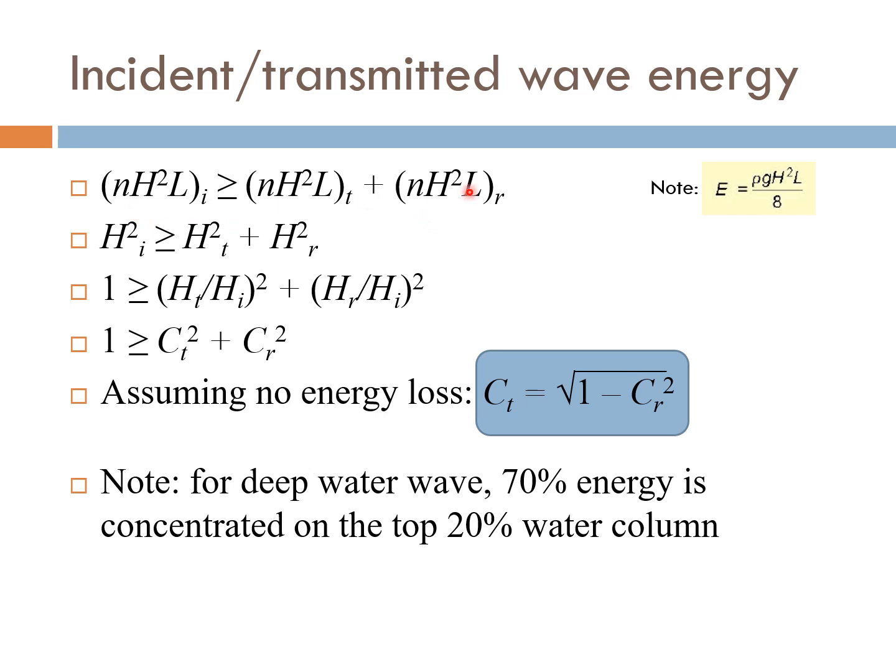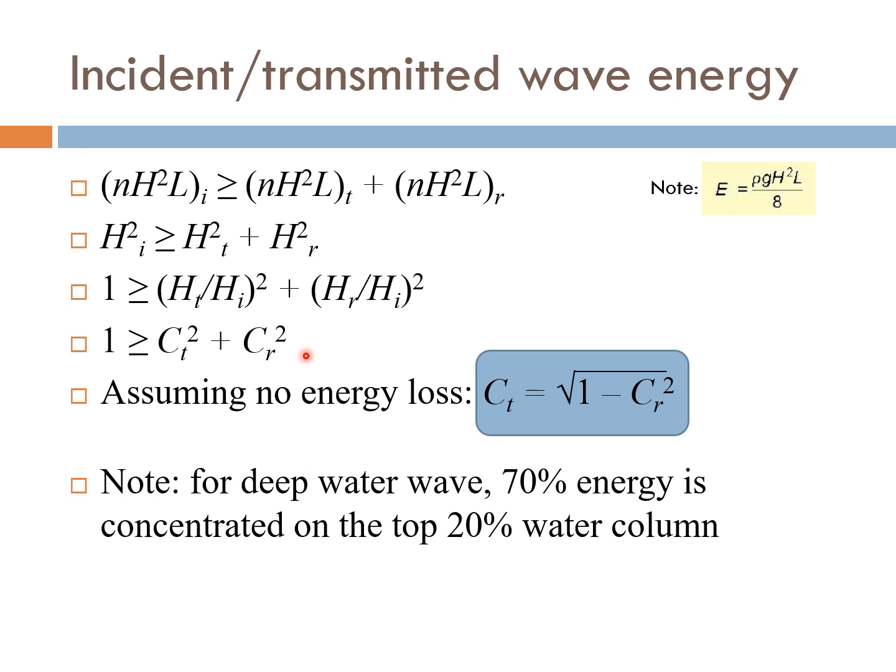If we divide the entire expression by L, assuming that the wavelength is a constant, we get this expression. And again, if we divide the entire expression by the square of the incident wave height, we then get this expression where CT is the transmission coefficient and CR is the reflection coefficient.